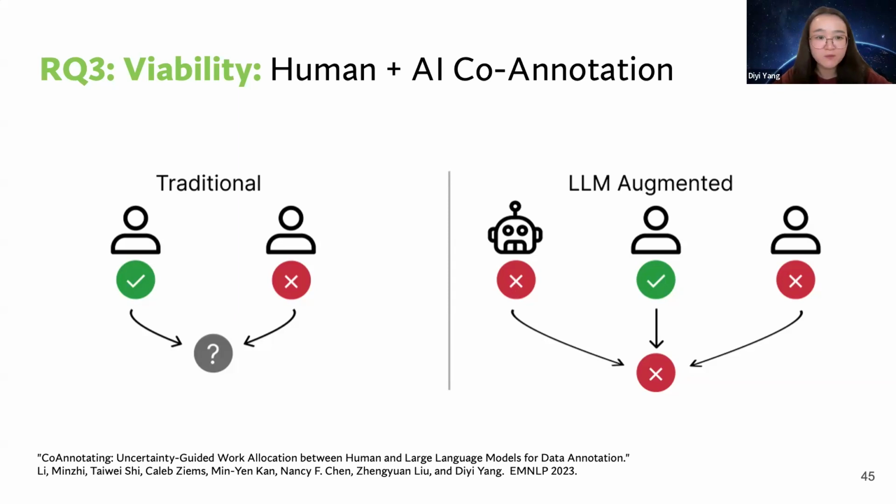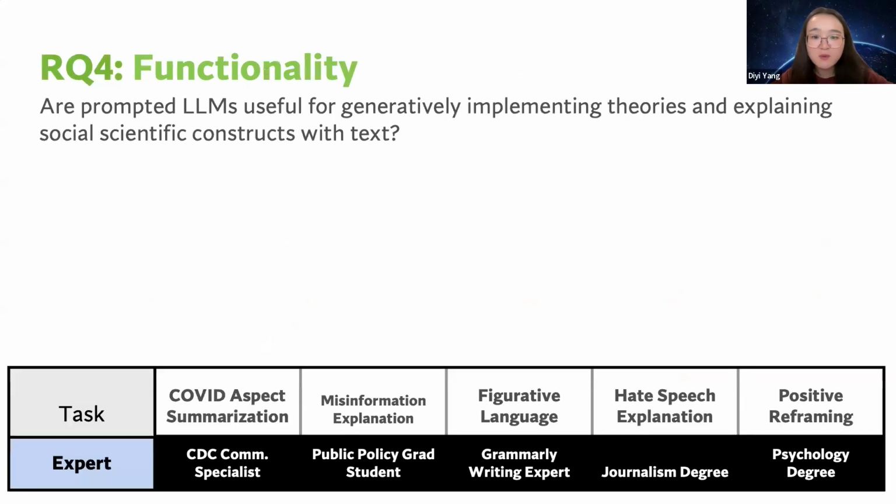The last part here, I want to show you more about the generation capability. Basically, for each of the specific tasks, we have experts look at the generation, or the response, from GPT-4 models and evaluate it. We look at those 5 tasks.